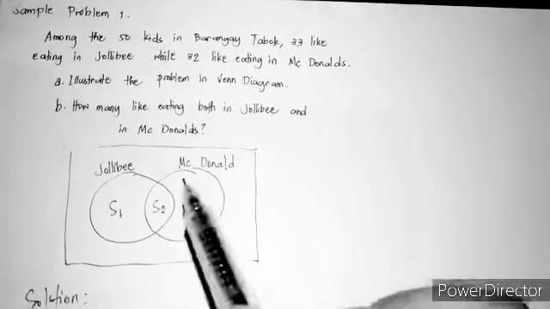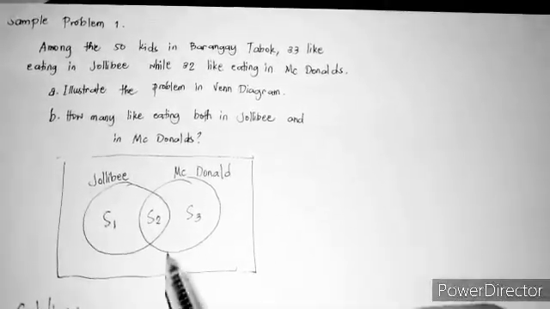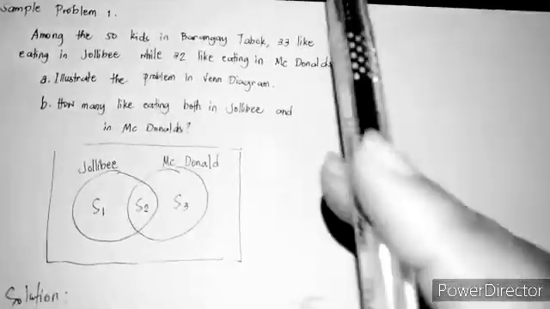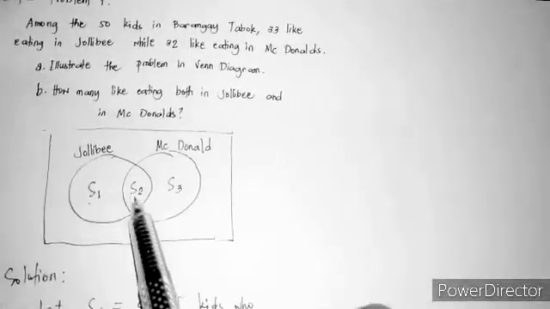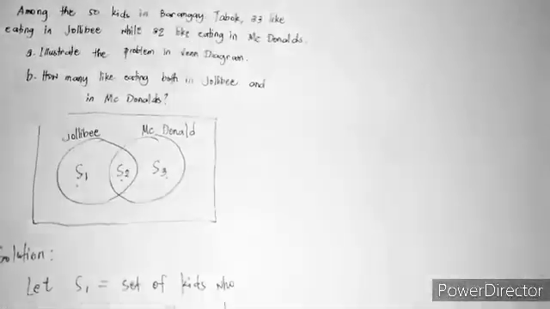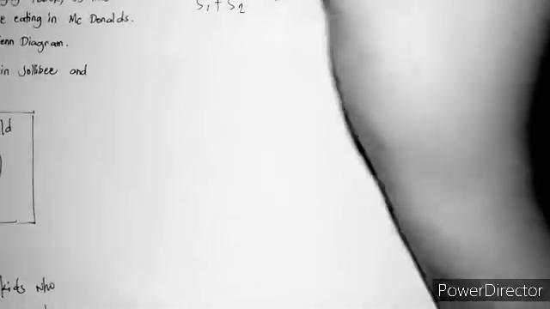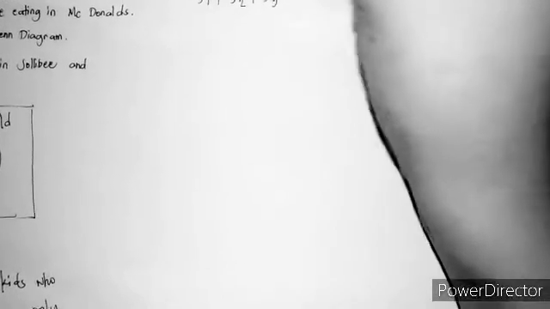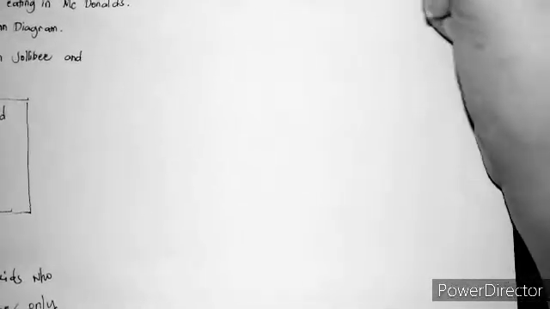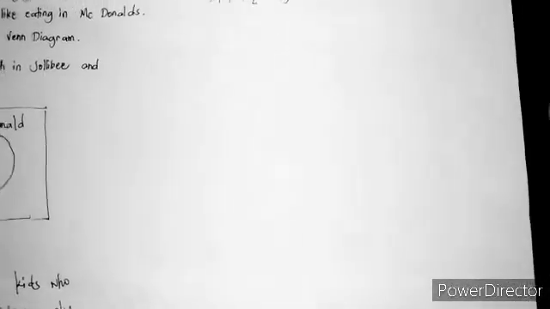As you can see, the total of all of these is 50 kids. So if we add S1, S2, and S3, it is equal to 50 kids. So S1 plus S2 plus S3 is equal to 50.